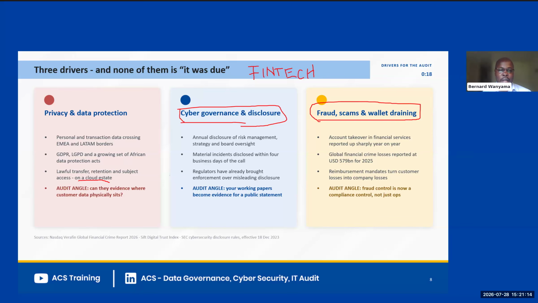And so you might think that maybe fraud or scams are covered under cybersecurity or information security, but as a very specific area of focus for this kind of organization, you will find a risk that stands out on its own and requires specific attention. So in this case, wallet draining or fraud or theft of funds from such a fintech bank requires very specific focus if it is to be combated.